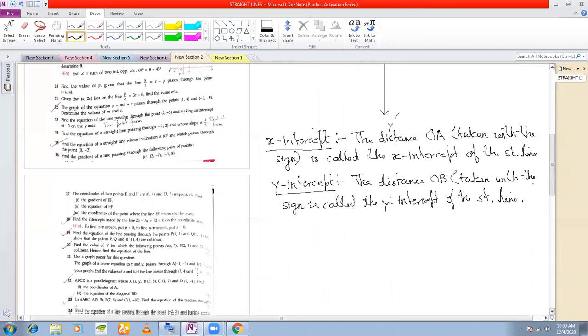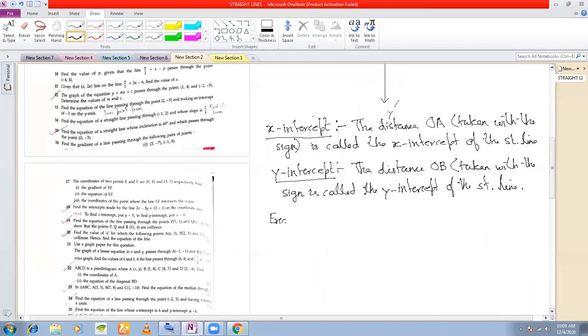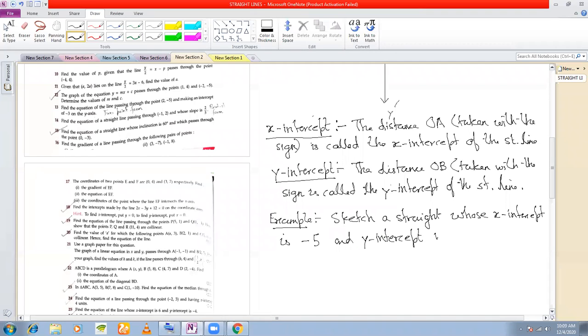Okay, so if I give you an example here, sketch a straight line whose x-intercept is -5 and y-intercept is -3.